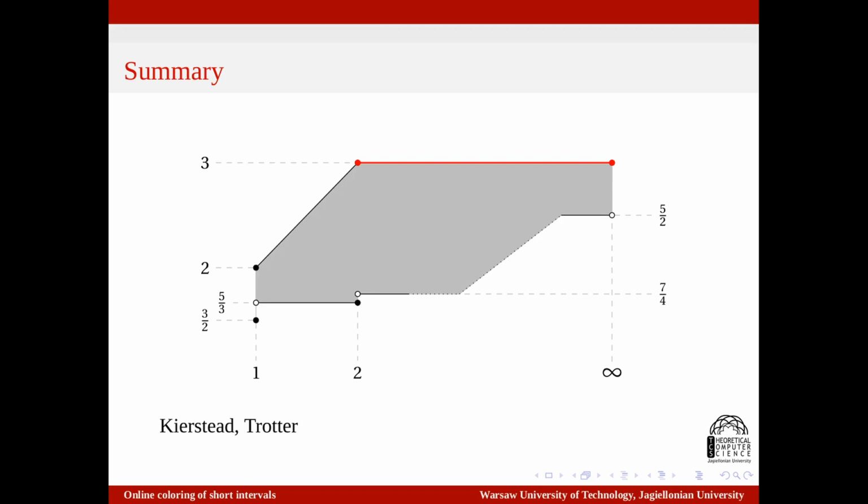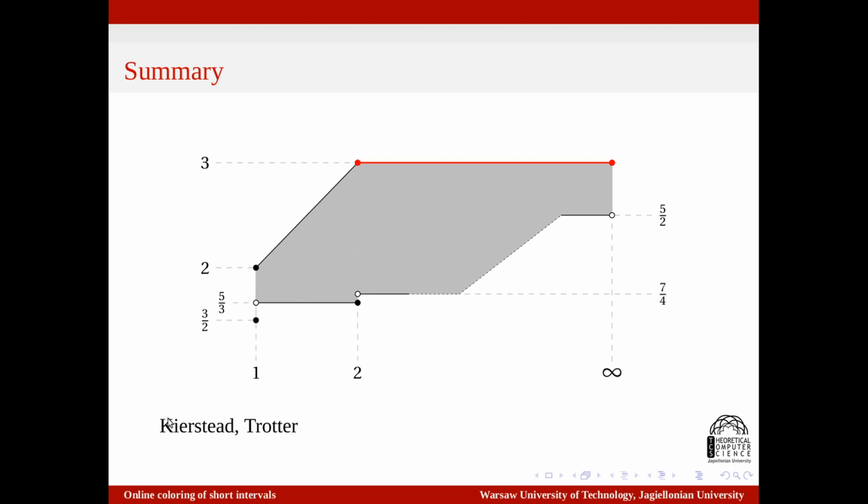So this was the starting point for our investigation, and this graph here shows the result of our investigation. In this graph we have the growing parameter sigma here, and here we have the competitive ratio, and this gray area here tells us what the possible competitive ratios are for the best algorithm for any particular sigma.